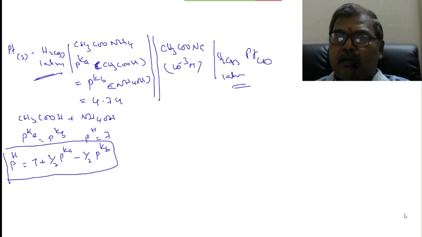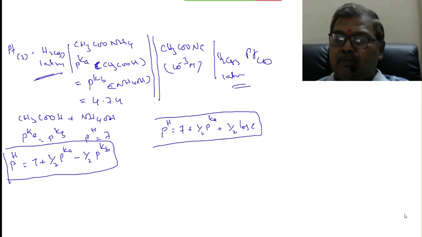Now, as already discussed in the previous problem, to find the pH of a salt of weak acid and strong base, the formula is pH equal to 7 plus half pKa plus half log C, right? So by using this equation, you find the pH of the solution in the cathode half cell.